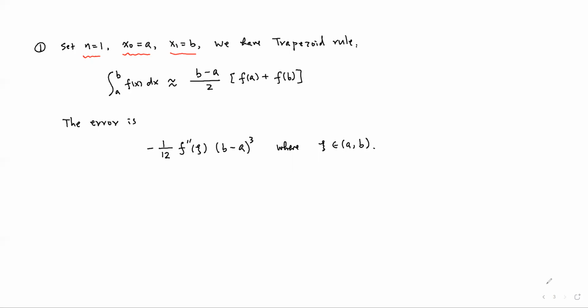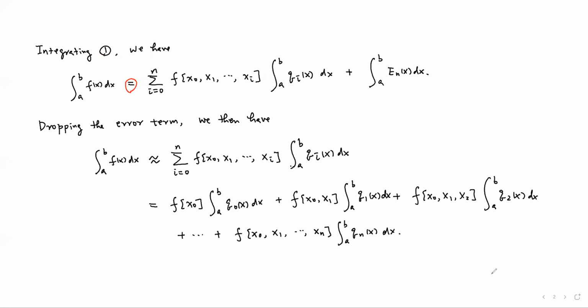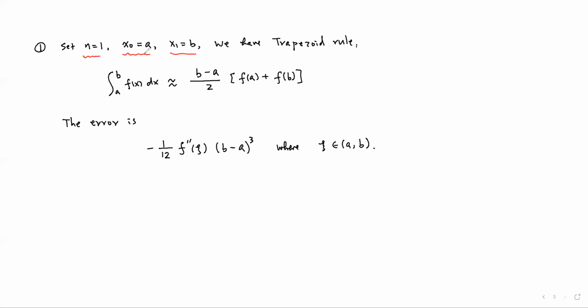Since n is 1, we pick the first two terms in this equation. Compute the divided difference for these special roots. Then we have the trapezoid rule. And the error term of the trapezoid rule is this. This is a special case.